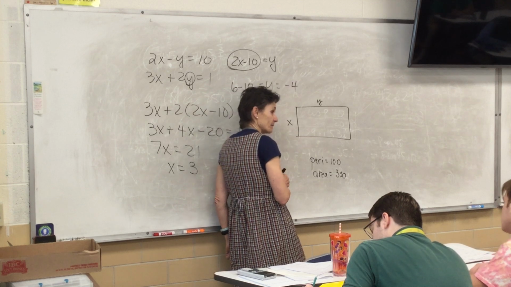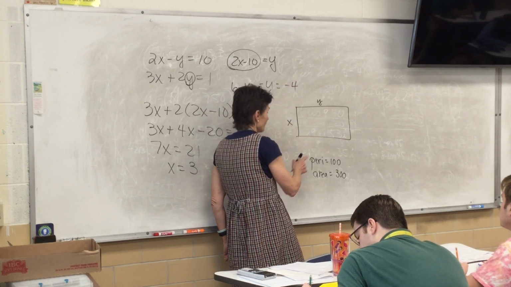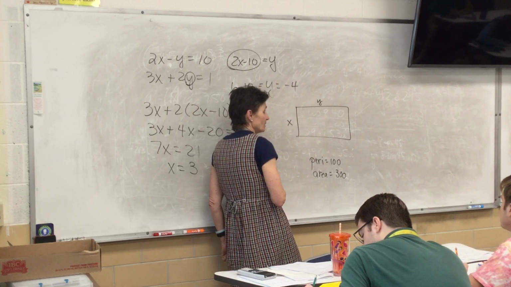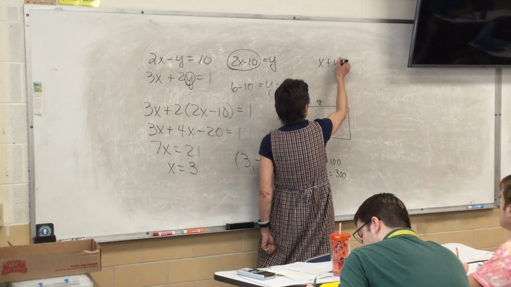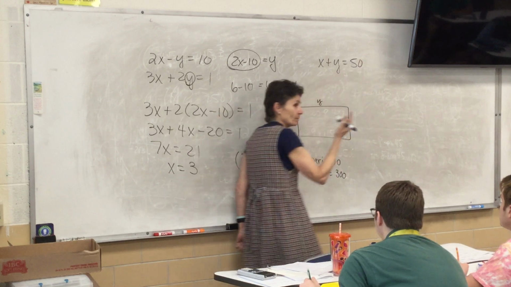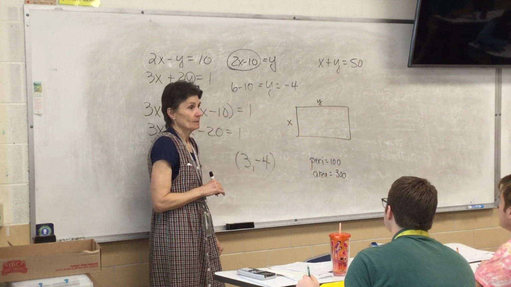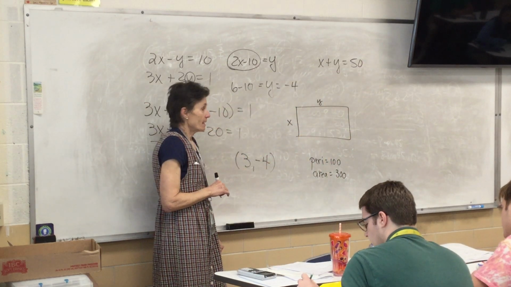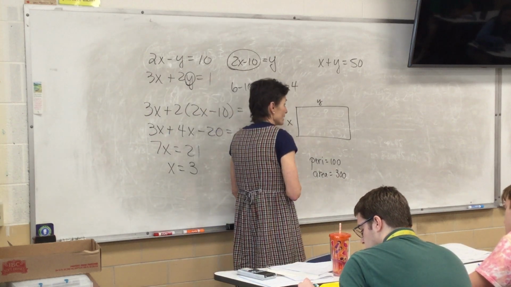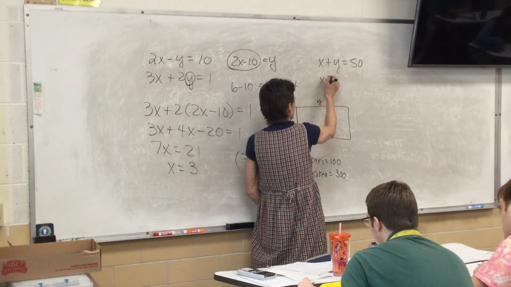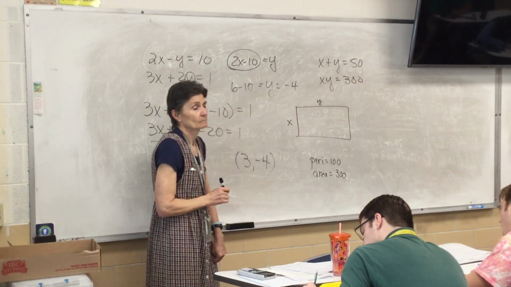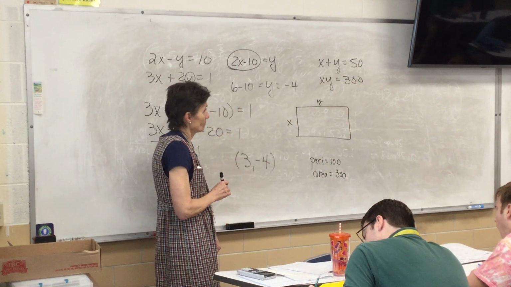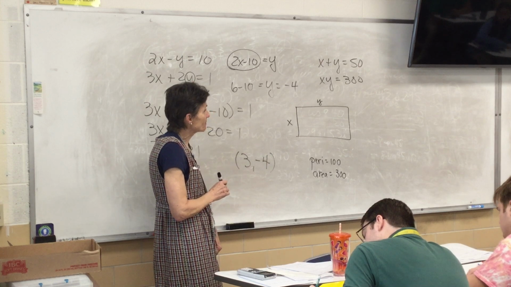Now we're going to build a couple of the equations from that. If the perimeter is 100, then I'm just going to say x plus y equals 50. Is that okay with everybody if I just do that? And then the area is 300, so x times y equals 300. Now it says use substitution.